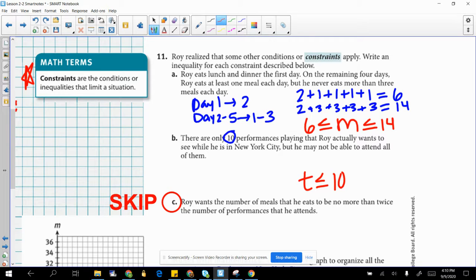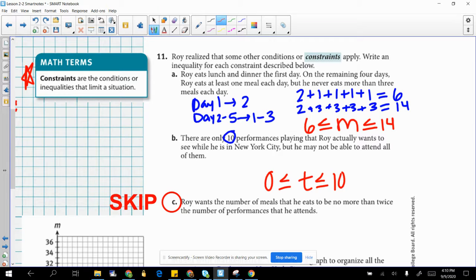Now, if we want to complete this inequality, Roy is going to go to anywhere between 0 and 10 performances. We know he's not going to go to negative, so between 0 and 10. Cool. So now we have two more constraints or inequalities that we have to deal with.